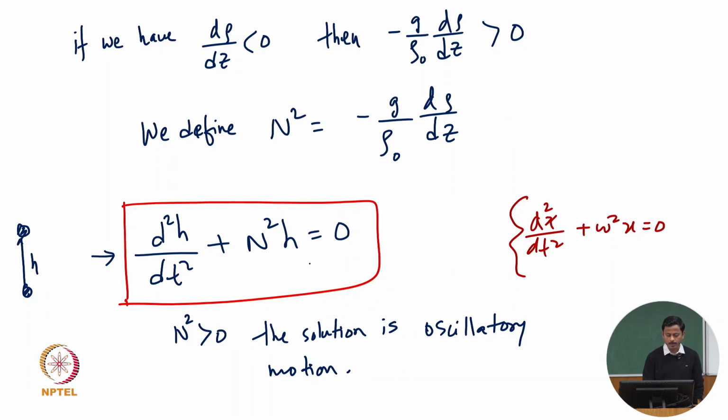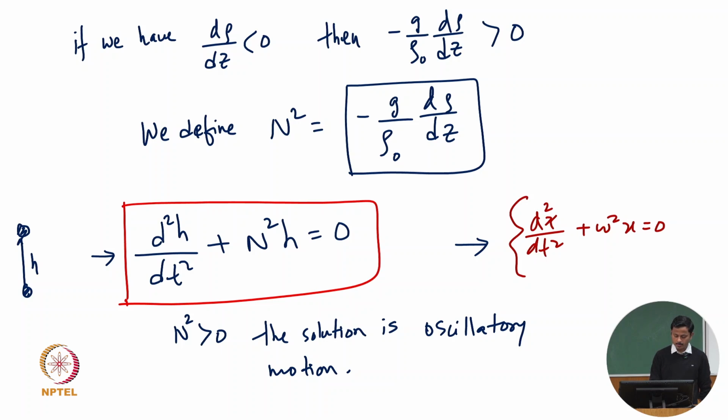We define the quantity N squared to be minus g by rho d rho by dz, where rho is the density, and this equation has the same form as the simple harmonic motion as you have already done in your high school studies.